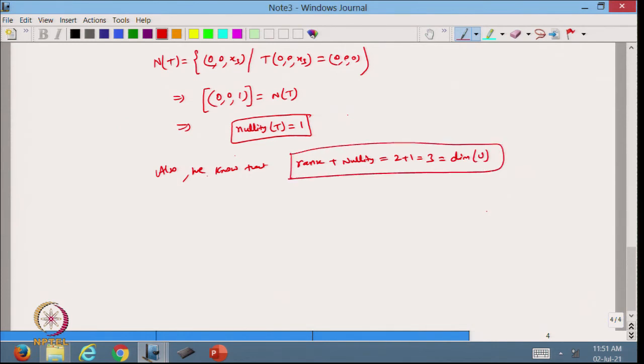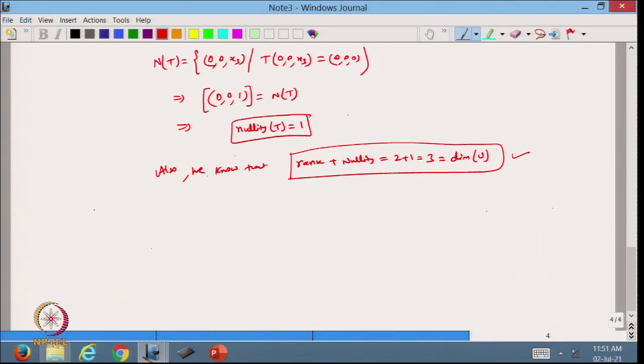I have not proved this theorem yet, the rank nullity theorem, but that is there. We will prove it in the coming lectures. So, this is my rank plus nullity, and that is 3 in this case.